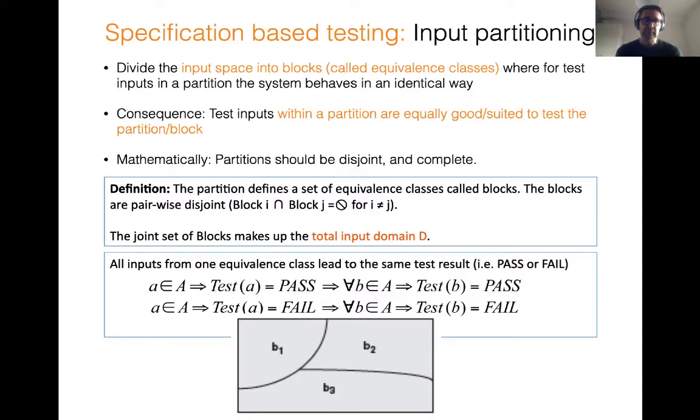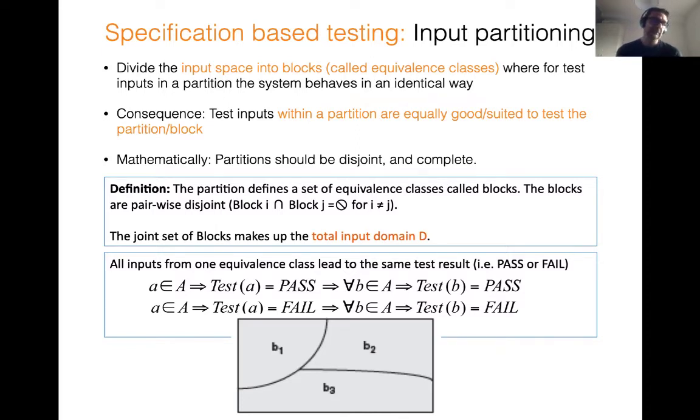So basically it's about, if you look on the bottom here at the input space conceptually as this box, then you're trying to find the different blocks, major classes where the inputs are similar. And the assumption in input partitioning or equivalence partitioning is that all inputs within one class, like B1 here, are equally good to become test cases, right?